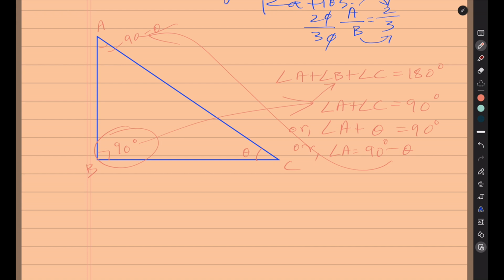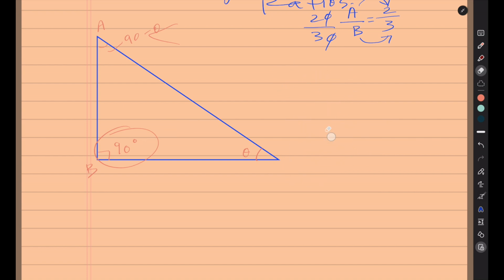and there are some underlying definitions for those sides which we will consider. Okay, so now this is our neat and clean right angle triangle, and then there is something called base.